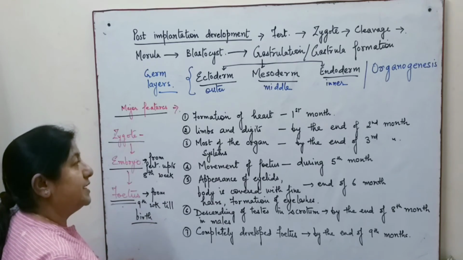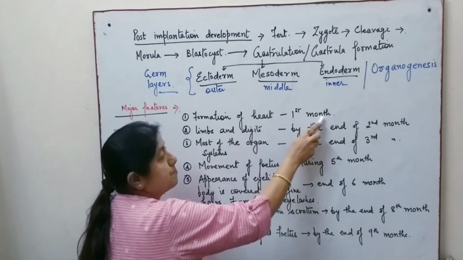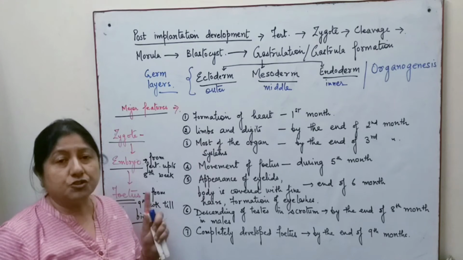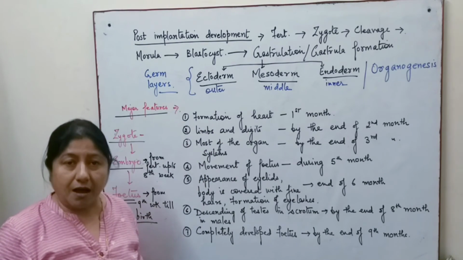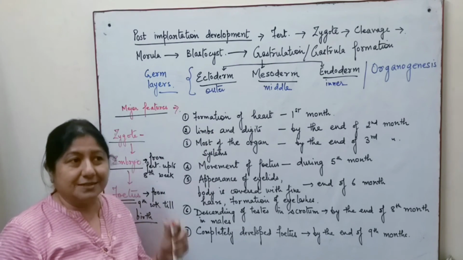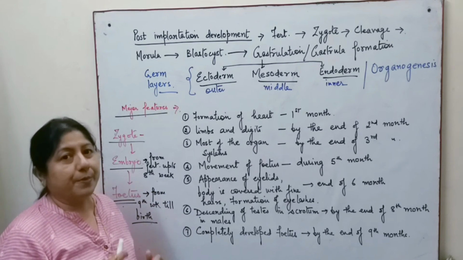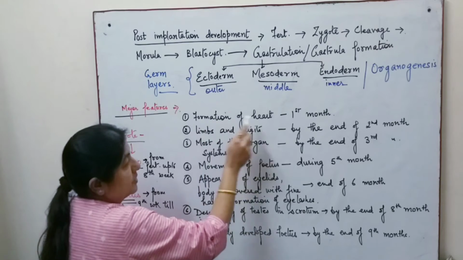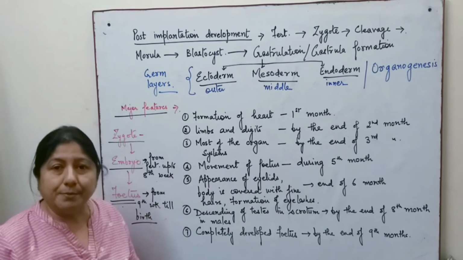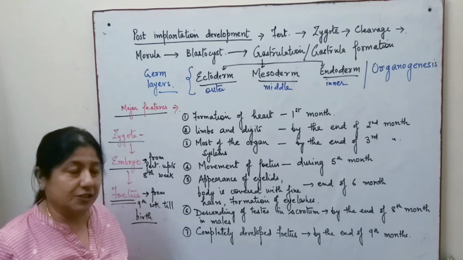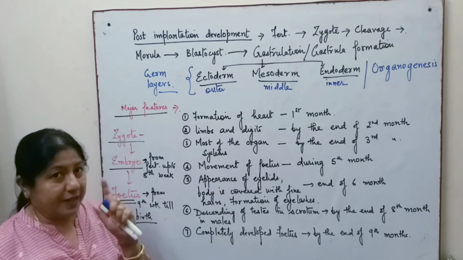As soon as the fertilization happens, within the first month itself, the first organ which is being formed is the heart. And heartbeat is the first signal that the embryo is developing normally. So the formation of the heart takes place within 1 month and the heart starts functioning, the first sign of life.